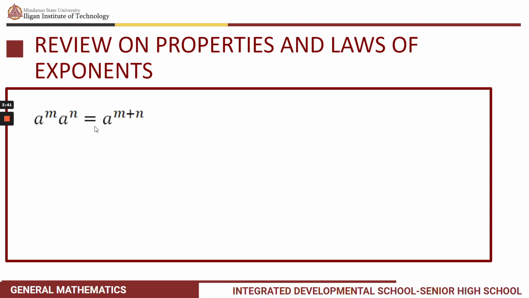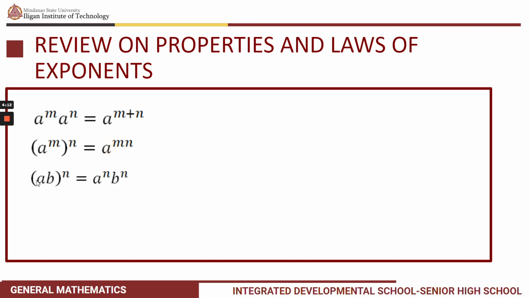The first one: when you multiply 2 exponential expressions with the same base, you just add the exponents. So we have m plus n. Next, if we have a raised to m, quantity raised to n, you just multiply the exponents. So we have mn.